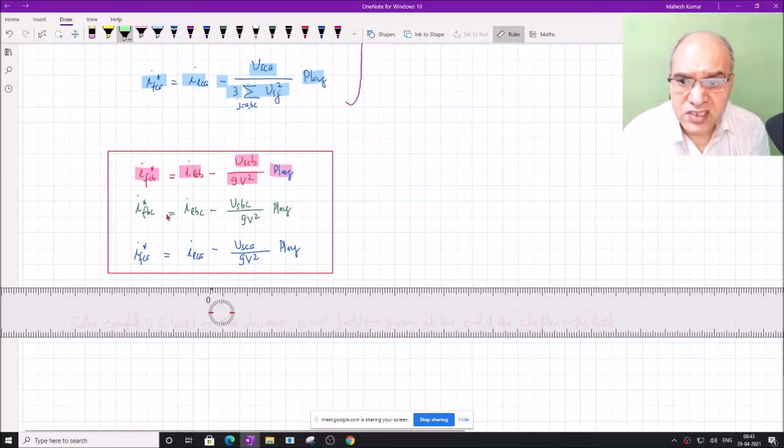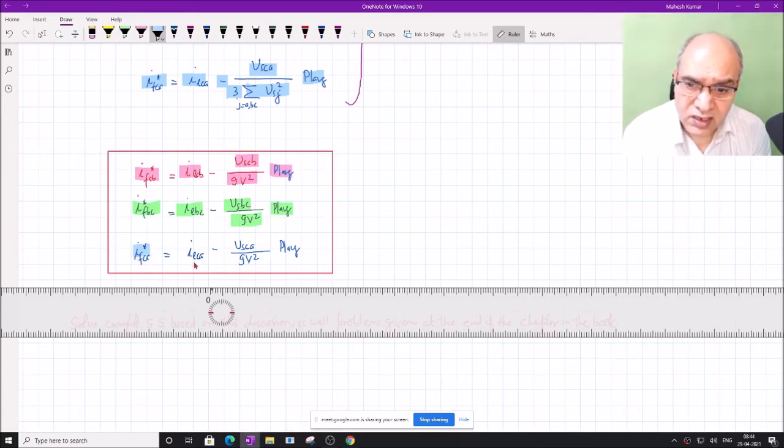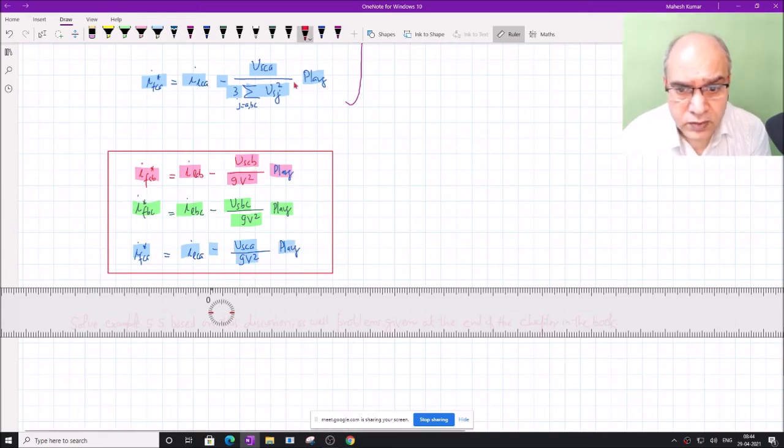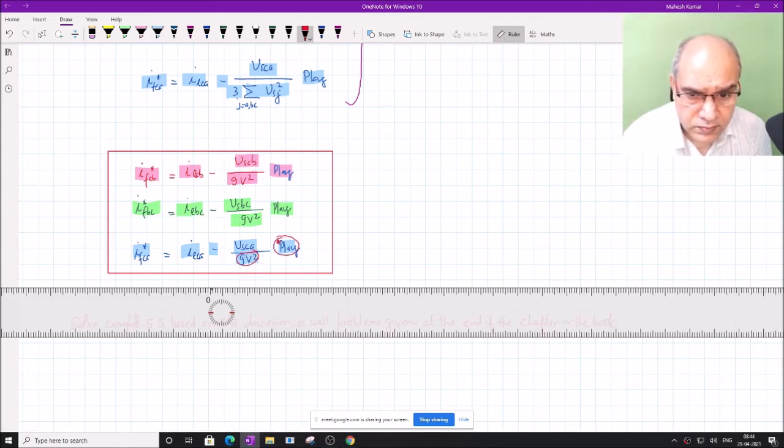And the second phase IFBC star equal to ILBC minus VSBC by 9V square into PL average. And the third phase is IFCA star equal to ILCA minus VSCA by 9V square into PL average. You see this is constant, because 9V square is constant. This is also constant for a given load.